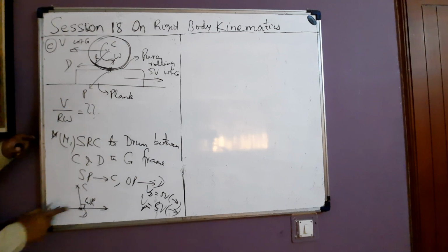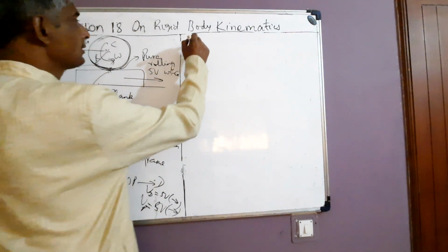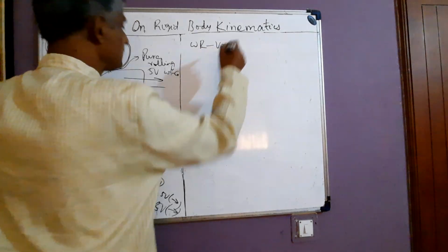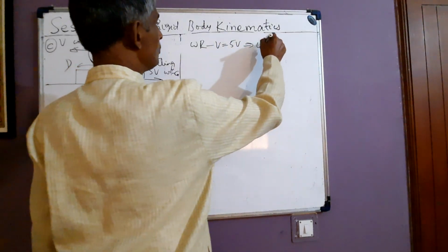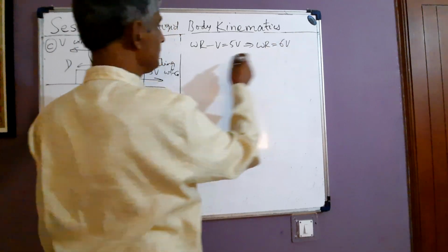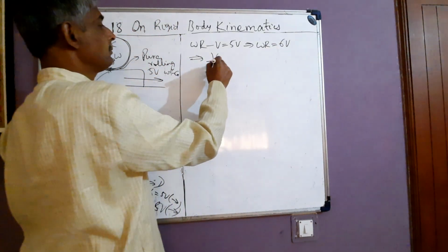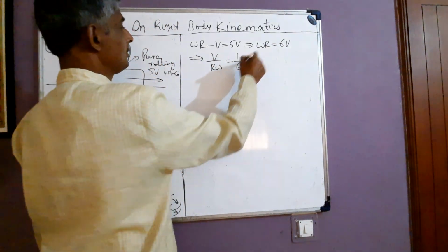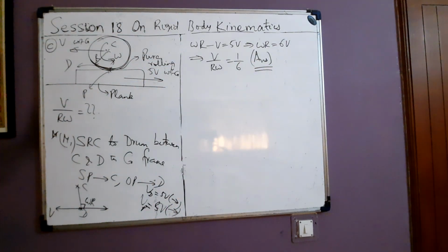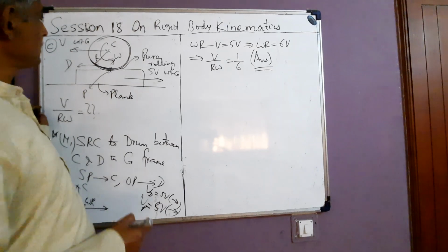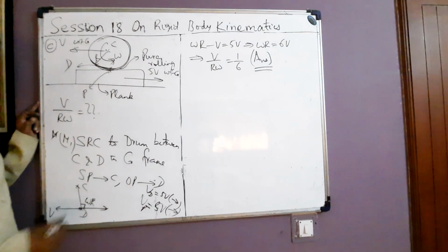So omega r should be more than v. So velocity of D will be written as omega r minus v is same as 5v. So omega r is same as 6v, which means v by r omega is just 1 by 6. This is therefore the required answer. Okay, this is solved by method 1, in which we applied SRC to the drum between the points C and D in ground frame.